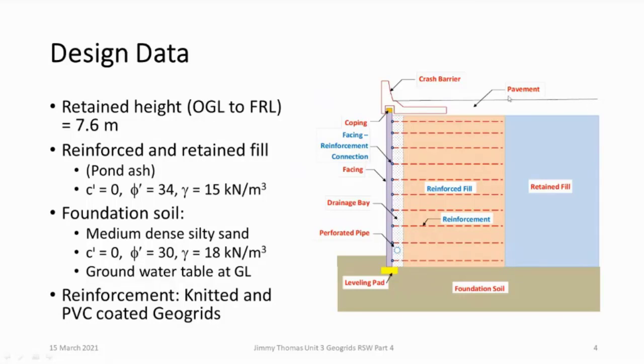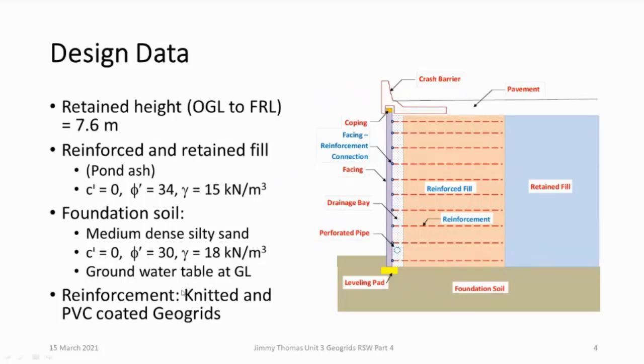Then they give the width of the road and the camber or super elevation, so we can calculate the road level at this point. The ground level will also be given from surveys. Then the properties of the reinforced fill and retained fill will be given, and the geotechnical investigation report for the foundation strata.